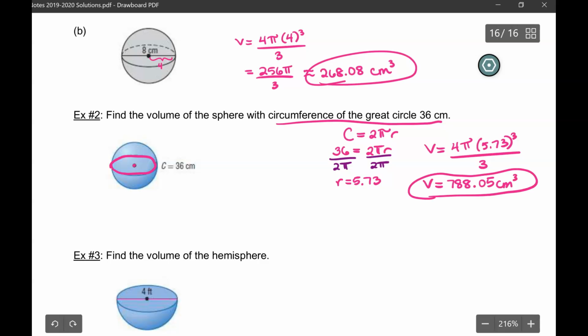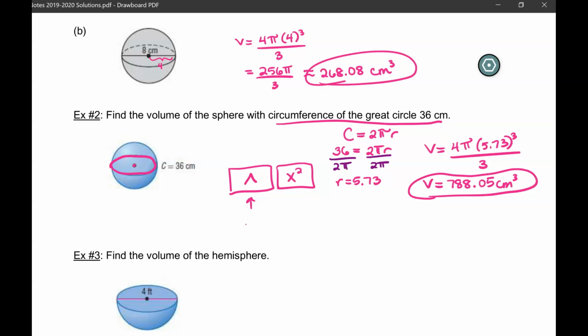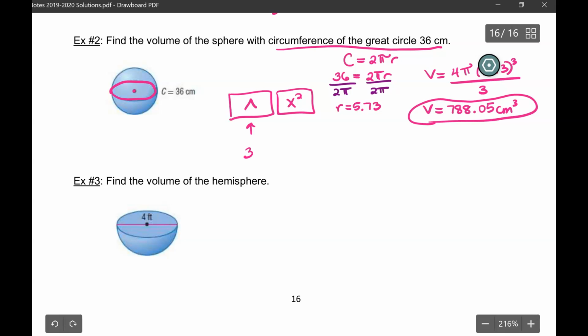And just a quick note, we may have talked about this in class, I don't remember. You have this caret symbol that's right next to the button that has the x squared. Just keep in mind that's for power, so you can type that and then put a 3 for cubing numbers.